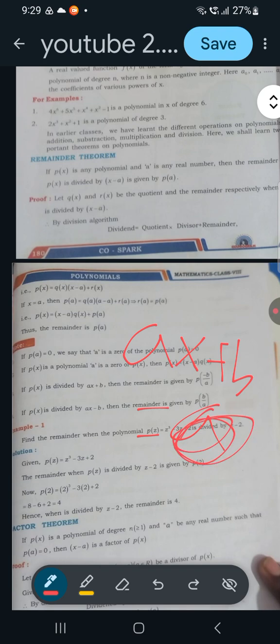This side, ax is equal to minus b. The a would go into the denominator, so minus b by a. It is what they gave here. This minus would go to the other side to become plus. So that is what they gave here.